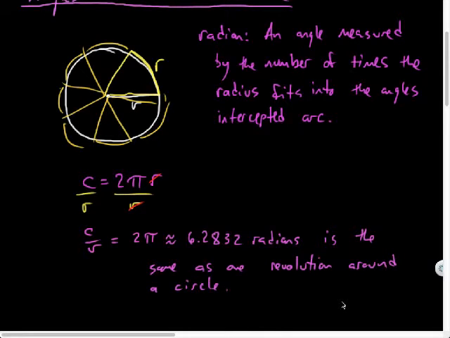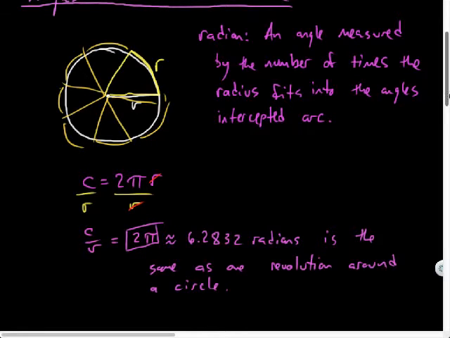So 6.2832 or 2 pi, we're typically going to use the non-decimal measurement for our radians here, but there are 2 pi radians in a full circle, just like there are 360 degrees in a circle.